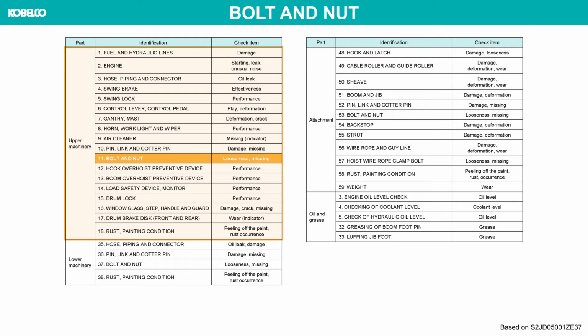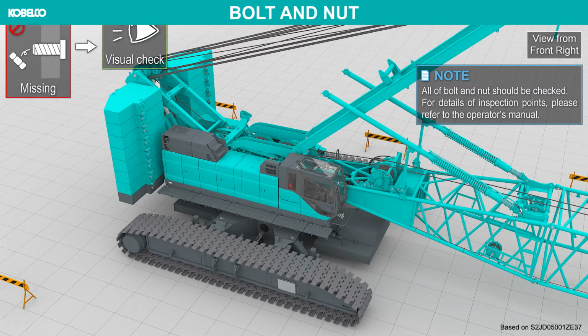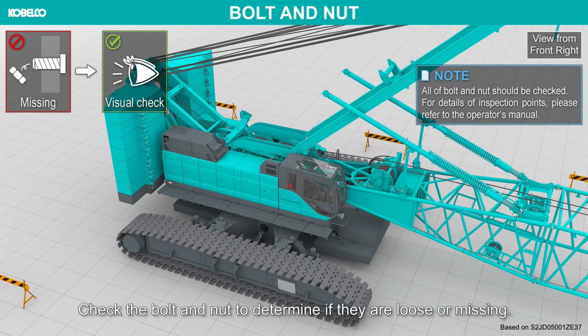Bolt and nut. Check the bolt and nut to determine if they are loose or missing.